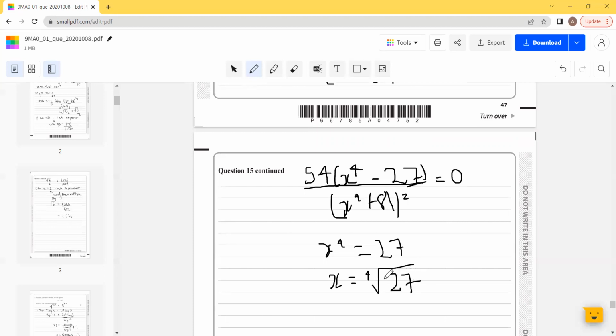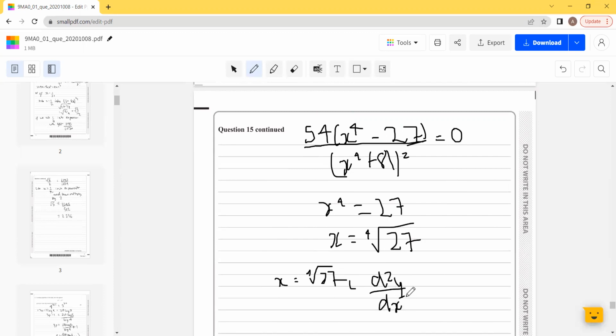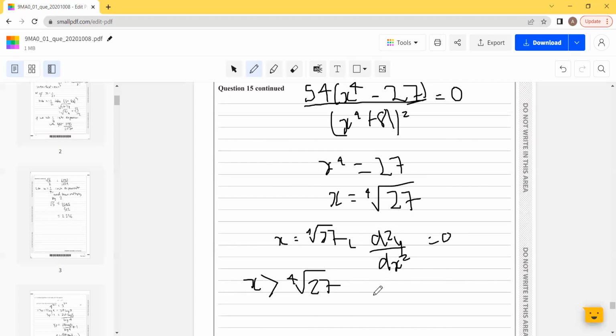So I can also prove this. I can say that when x is equal to the 4th root of 27, d2y by dx squared is equal to 0. Then I have to say that when x is greater than the 4th root of 27, then d2y by dx squared is greater than 0.